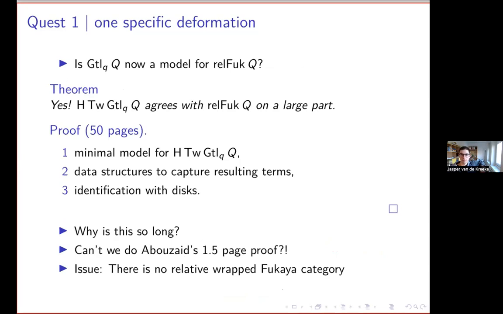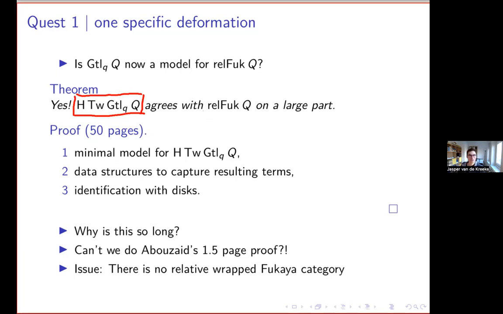Yeah, so who of you would have thought that this is actually the right deformation to make through Seidel's vision? Well, I checked this out, so I can prove that yes, this is the case at least. I can show that the derived deformed gentle algebra, which I just defined, agrees with the relative Fukaya category on a large part.